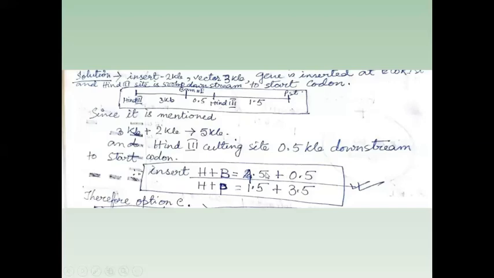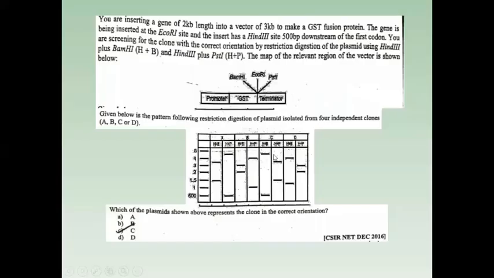So with H plus B, we are getting 4.5 and 0.5. So in this question also, if you see H plus B, as I told, 0.5 and 4.5, here we are getting that only in option C, and in H plus P also I am getting these two, 1.5 and 3.5. So option C is correct.